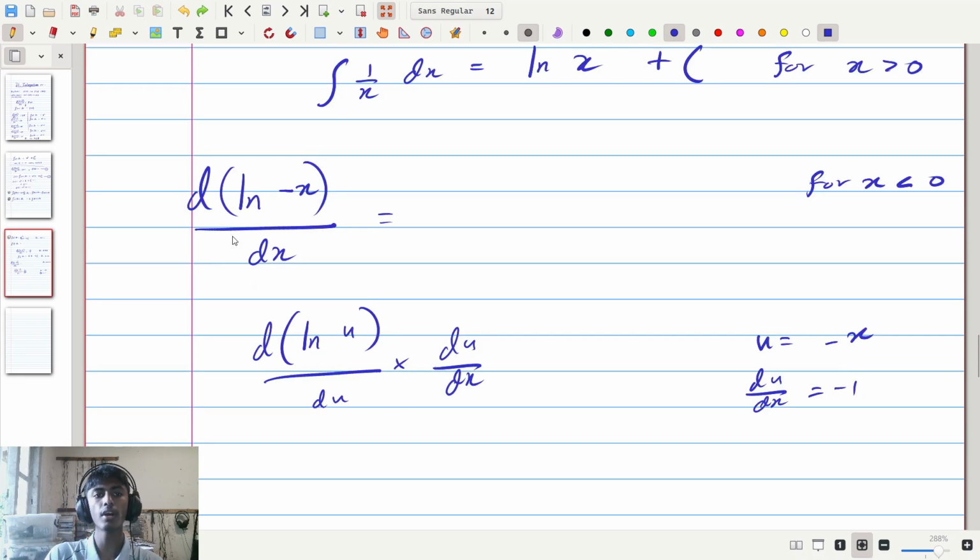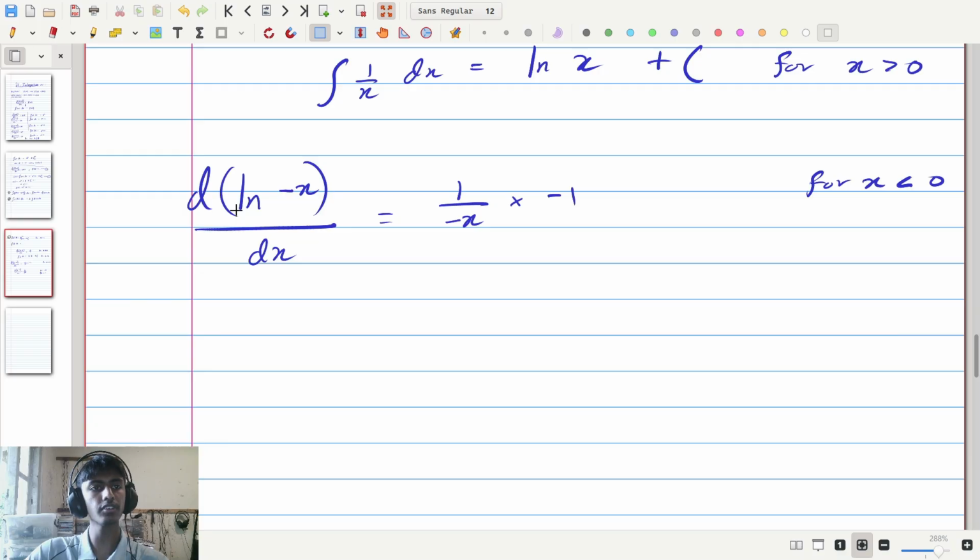So therefore, the derivative of the logarithm of negative x taken with respect to x in this case would be 1 divided by u, which is going to be 1 divided by negative x times negative 1. So therefore, here we have that for x's less than 0, if we consider the derivative of the logarithm of negative x with respect to x, we simply get 1 divided by negative x times negative 1, which is going to be 1 divided by x.